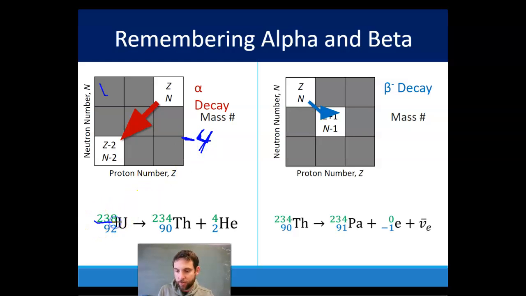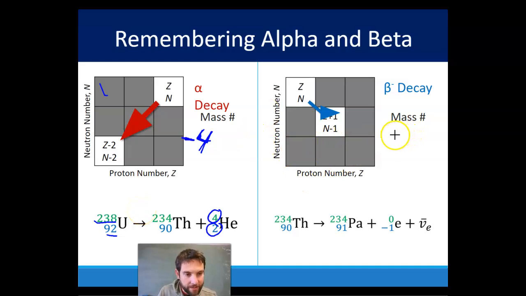So if we start out with 238, we are losing 4 because of the helium or alpha particle being emitted out. Then we have 2 protons also leaving. So you start off with 238 and 92 and send off 4,2 helium.